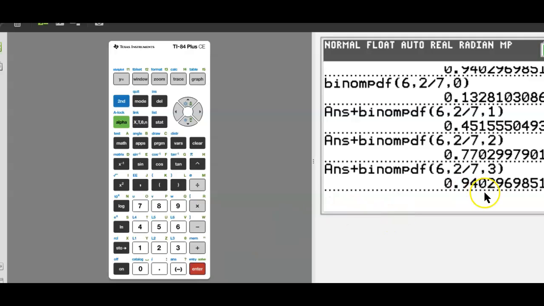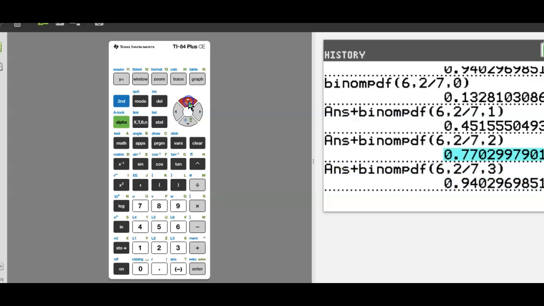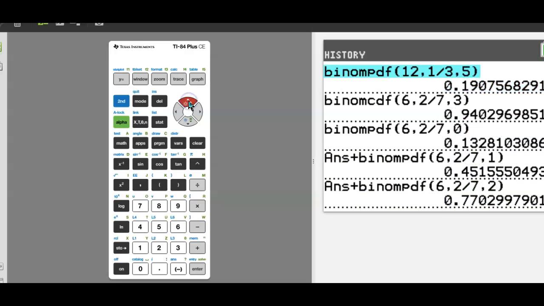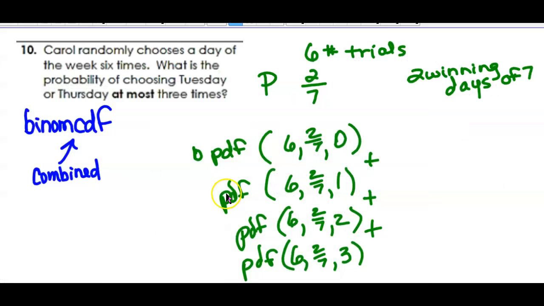We get the same answer, but it was a whole lot easier to put it in as a CDF up here, which combined all of them for us. Okay, so it's 0.940.